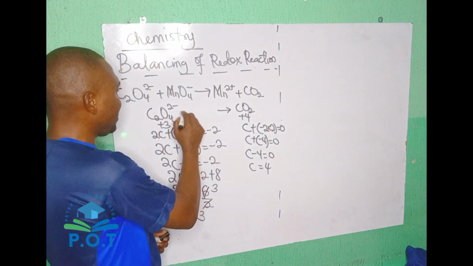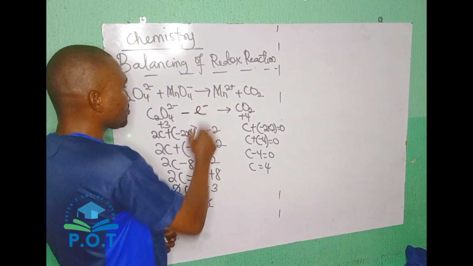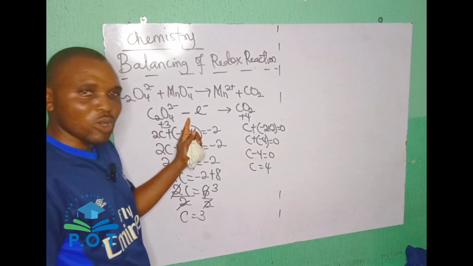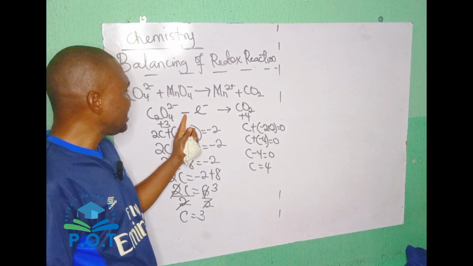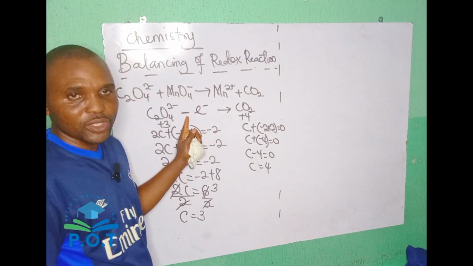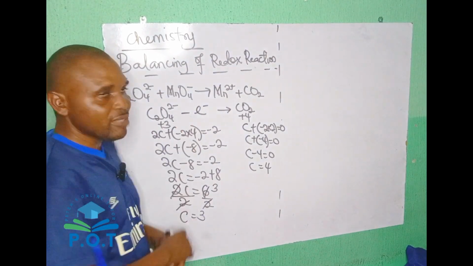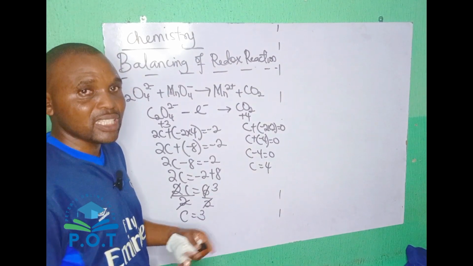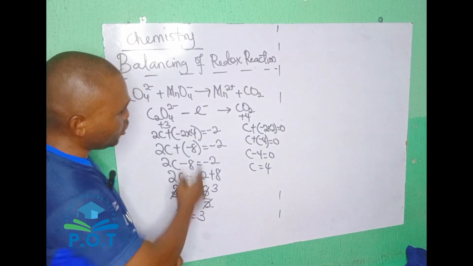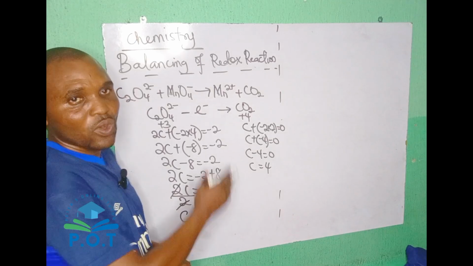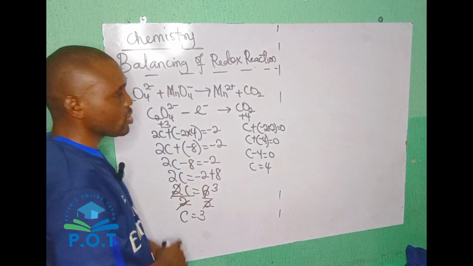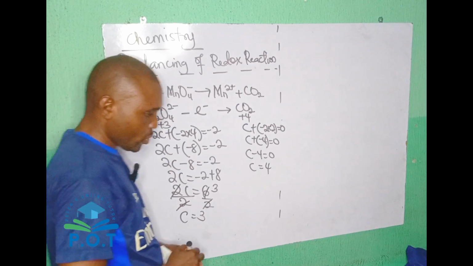So that means the electron here is -1. There is a loss of electron due to the negative value of the electron here. From the definition of oxidation in terms of electron transfer, that it is the loss of electron, it shows that it is an oxidation reaction.